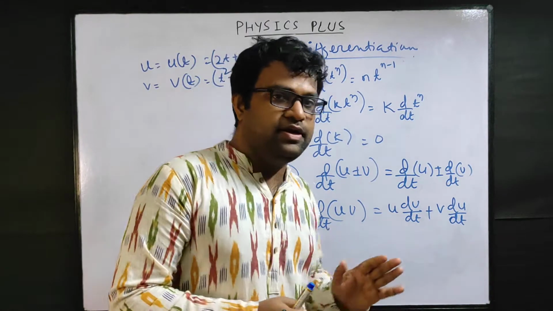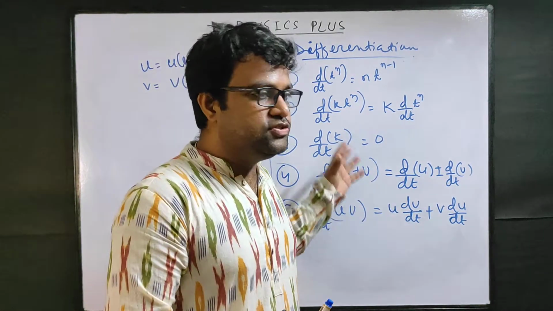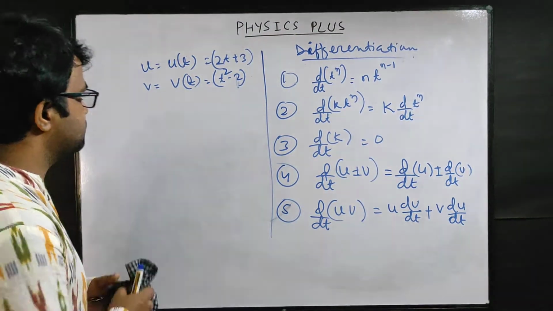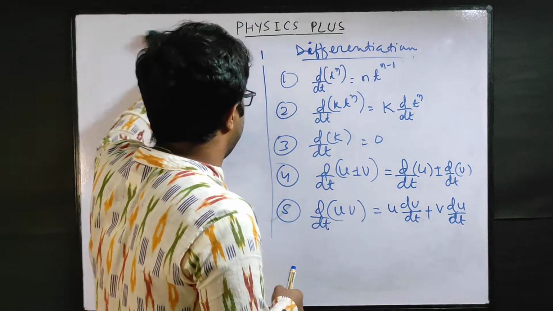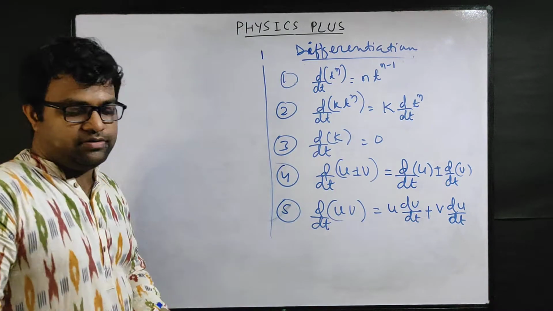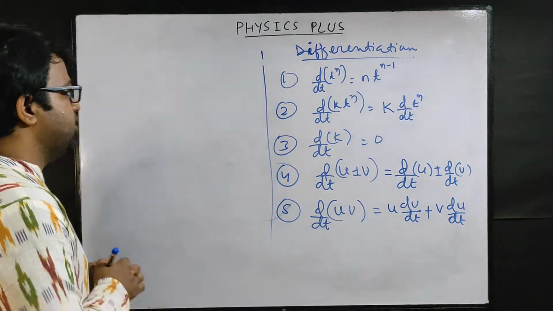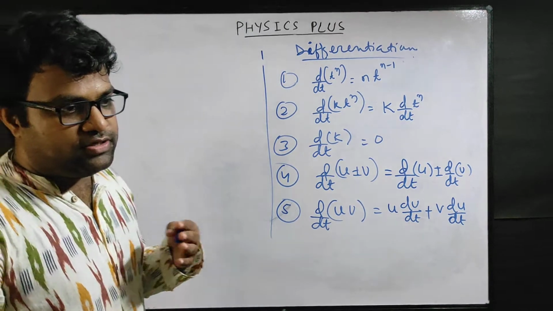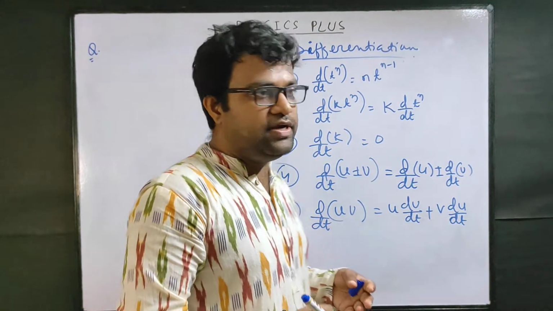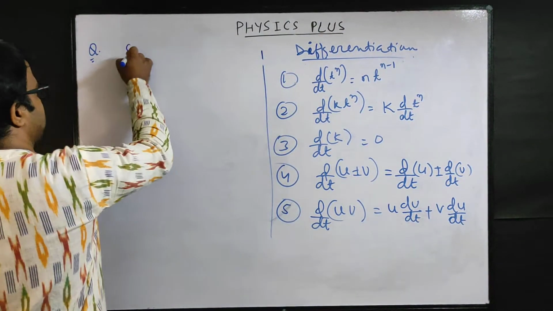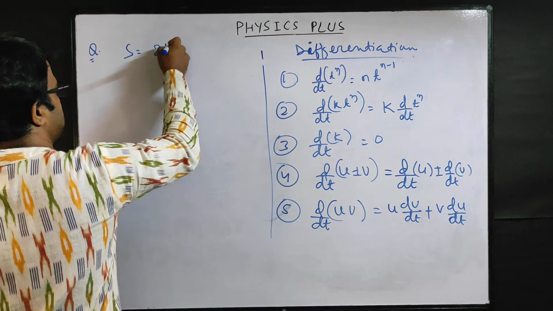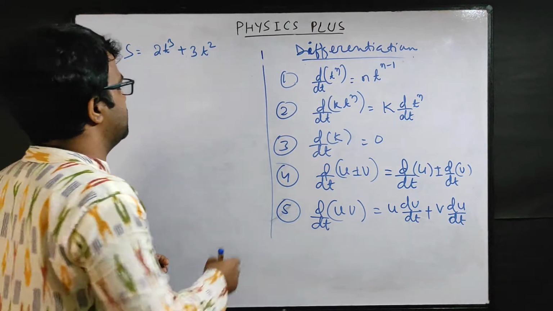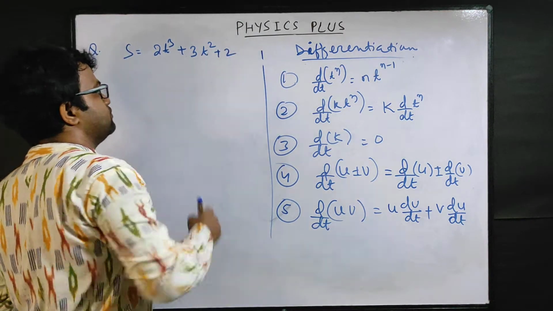So we'll use them, and let us solve one problem so that you will understand it better. Now suppose we have these formulas in our hand. Now the question is, let's say the object has displacement s equal to 2t cube plus 3t square plus 2.